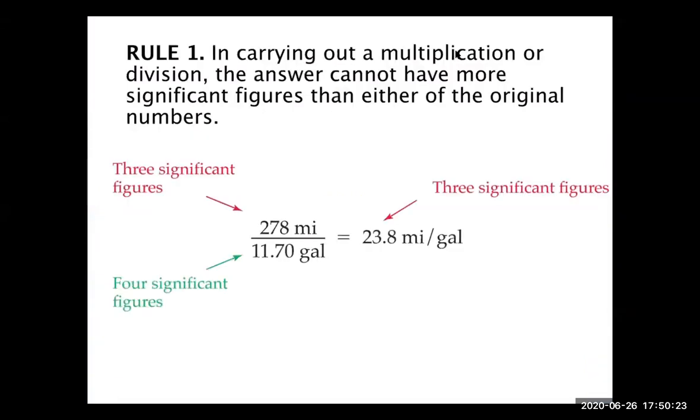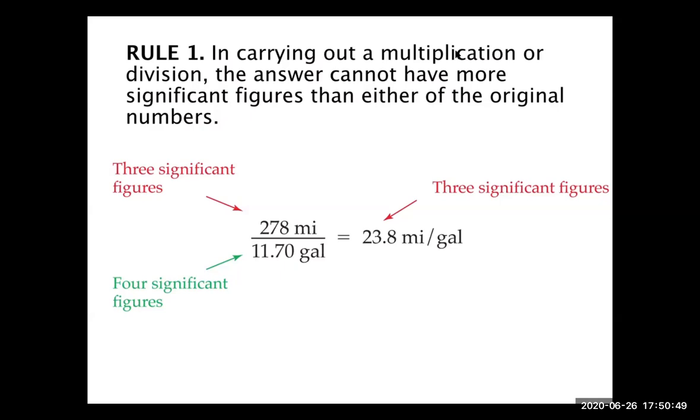All right, what are the rules for when you're carrying out calculations? Rule number 1, and this is for multiplication and division only, and it's actually the easier rule: you cannot have more significant figures than either of your original numbers. If we look at this, we're calculating miles per gallon, so it's a division problem.